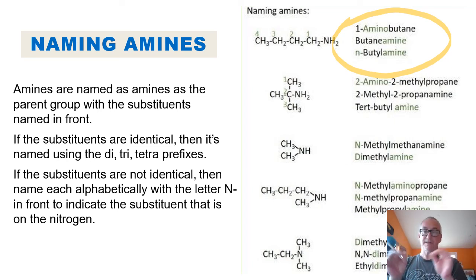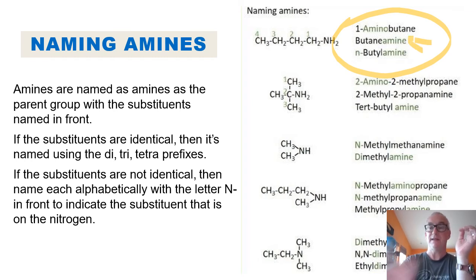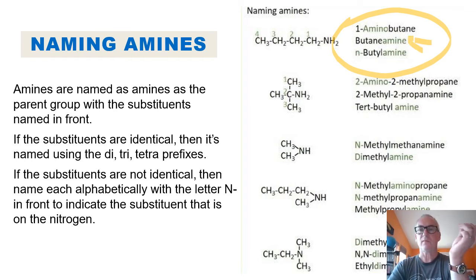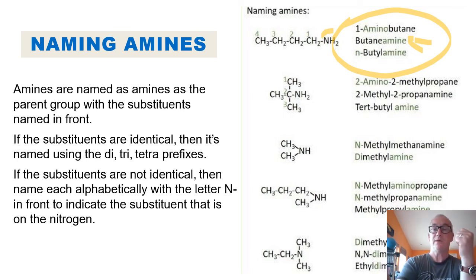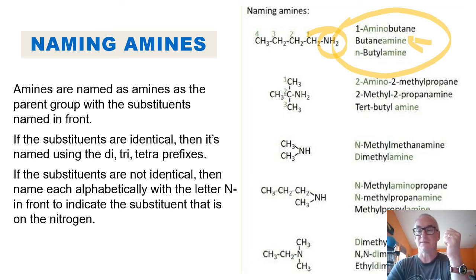We just add amine to the end, butanamine. You can also call it butylamine because it is a butyl group. You can also call it 1-aminobutane, because this is a substituent. But generally, we only use the substituent name if there are other substituents on it that have a higher order, that are basically considered of greater importance, higher priority.